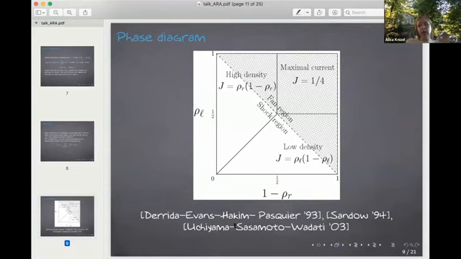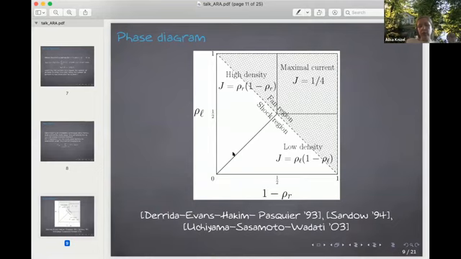So first, let's consider finite n. J_n is the ratio of the net current of particles divided by t times 1 minus q.